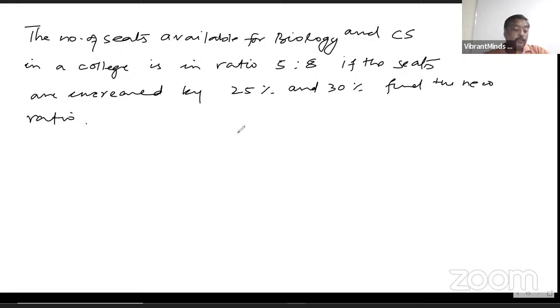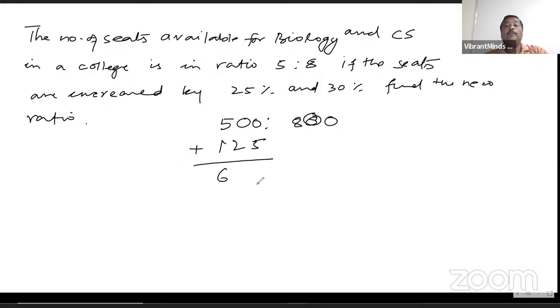So 5:8. Let's say 500:800. Now, what is 25% of 500? That is 125. So 125 is added to it. What it becomes? 625. 30% of 800 is how much? 240.